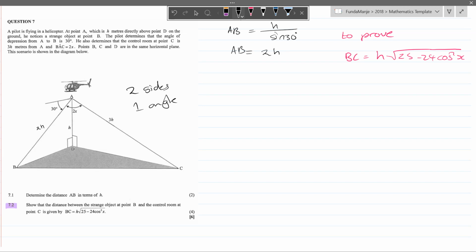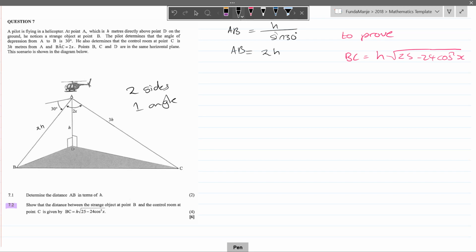So we can work with our cos rule. We can't work with sine rule because that will need us to know another angle, since we are solving for a side. So two sides and one angle, especially in this case where you have the two sides sandwiching the angle or creating that angle over here.